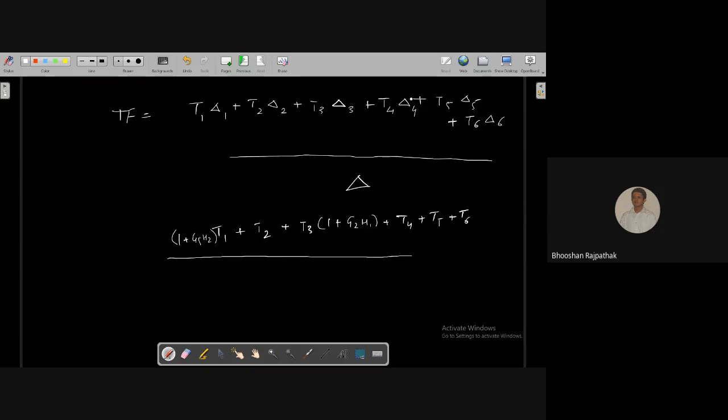Okay, and divided by delta. Now, what is delta? Delta is 1 minus summation of all loops. So 1 minus L1 plus L2 plus L3 because we have three loops, plus summation of all loops which are non-touching to each other. That means L1, L2.